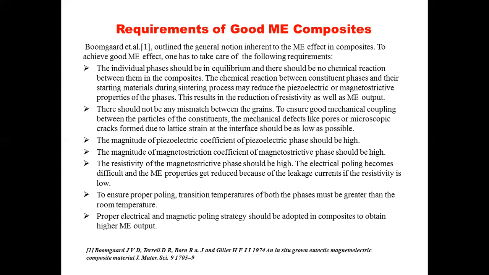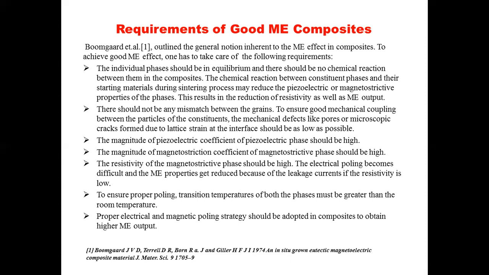And if the resistivity of the ferromagnetic material is less during the poling process, leakage currents will be flowing in the circuit.